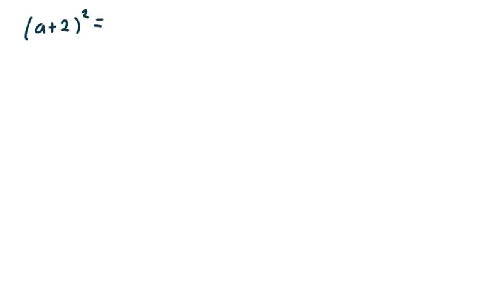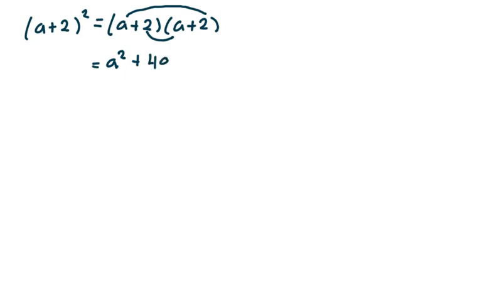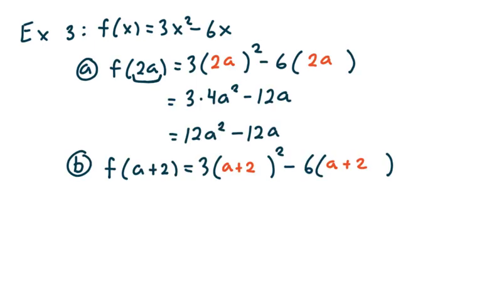This would be like my side work. But that's a plus 2 times a plus 2. Okay? But that's a squared plus, if I multiply and add, I get 4a. And then I'm going to add 4. 2 times 2 is 4. So this is 3 times a squared plus 4a plus 4.